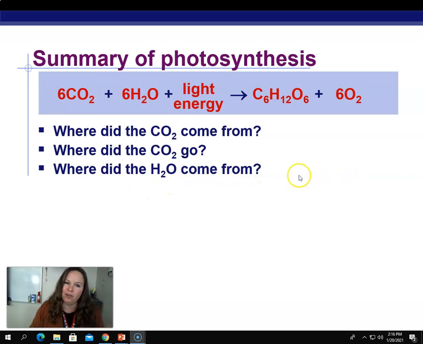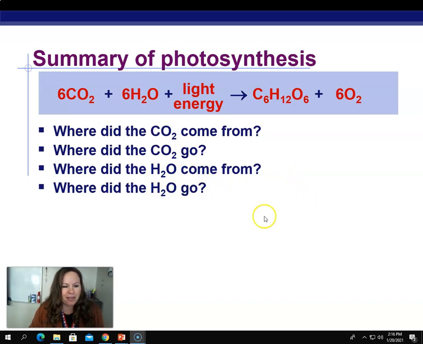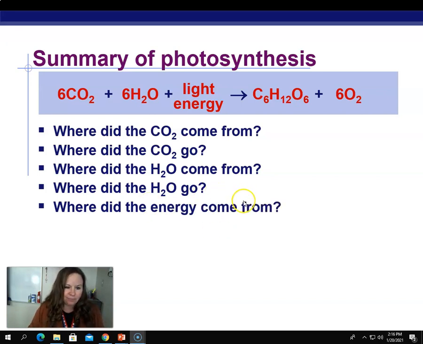Well, that was in the light reactions and watering your plants or from the soil. And the H2O gets split. Where does it go? Well, it gets split and the O goes back to the atmosphere, and the H's from that will eventually go to hopefully the Calvin cycle and eventually go into sugar.